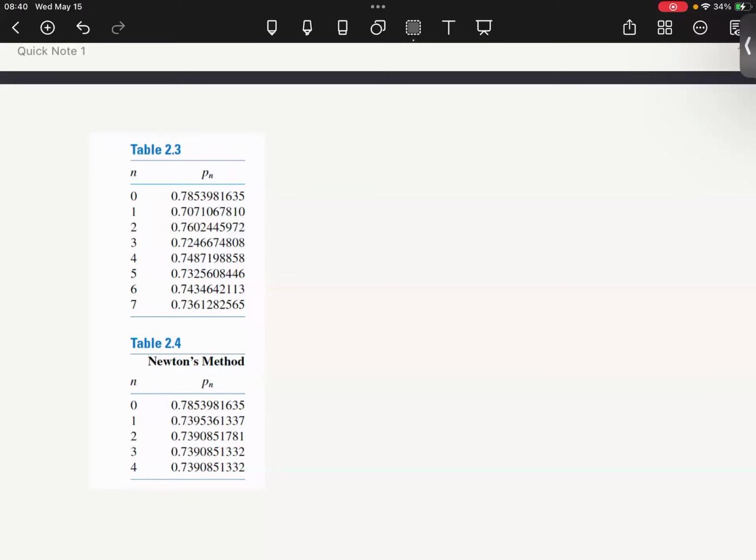Newton's method usually works better when the derivative around that point is not close to 0.